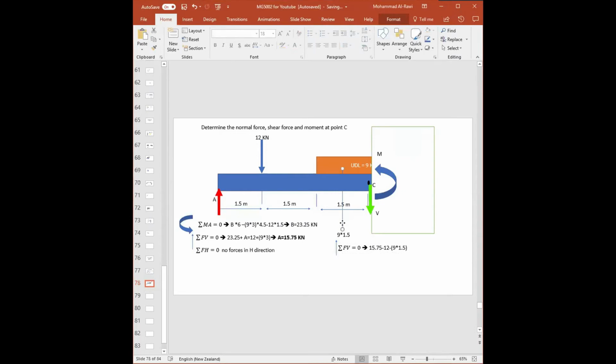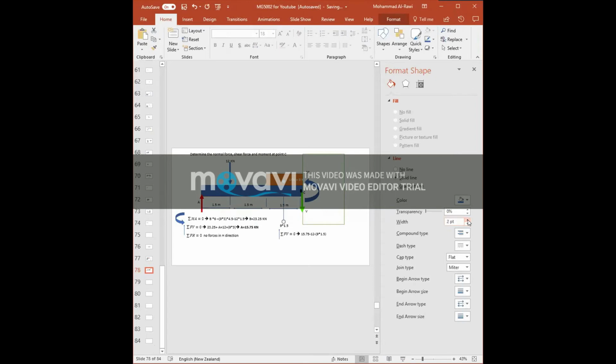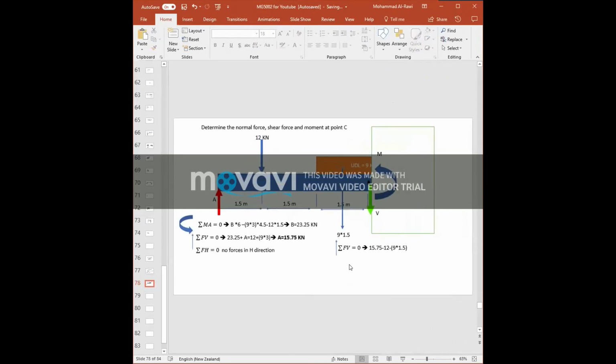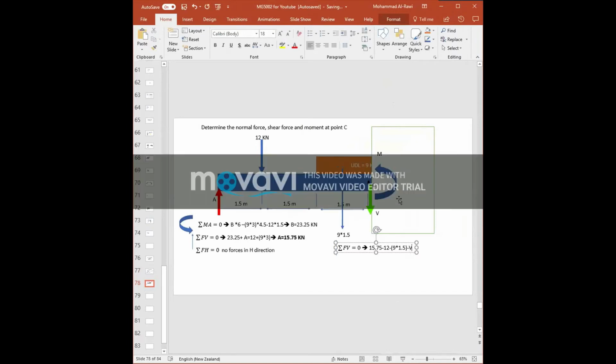If I highlight it to make it slightly bigger so you can see it better, it's going downwards. What's going downwards as well, based on my assumption, is the value of my V. So I'll put minus V. Because look carefully, V, the green color, I assumed is going downwards, equals 0.